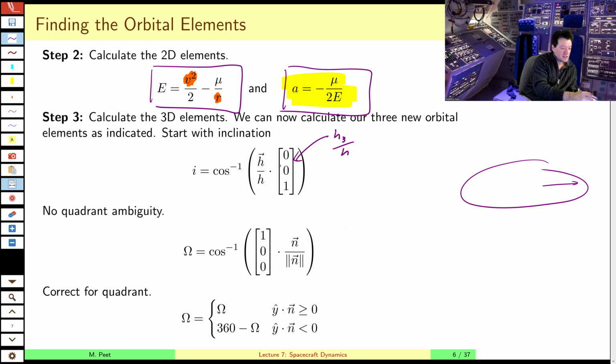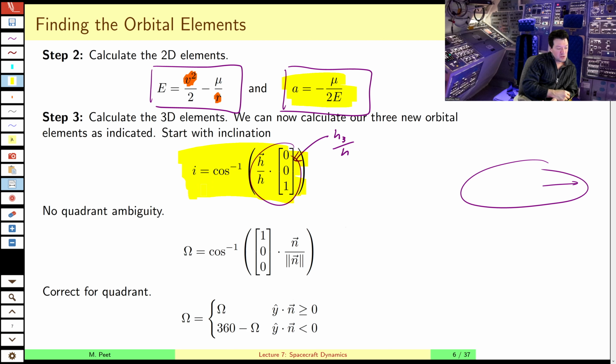That's just a fancy way of writing this bit right here. Then you calculate the inverse cosine of that, and you have your inclination. No quadrant ambiguity, remember, because inclination only varies between 0 and 180 degrees, so we don't have anything to worry about here. So this is our formula for the third orbital element.